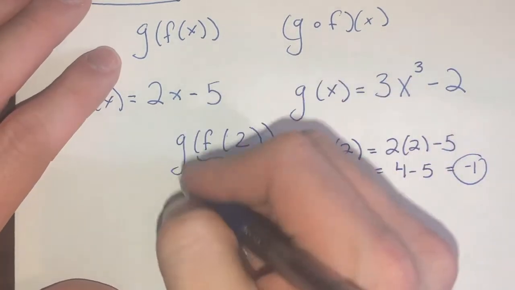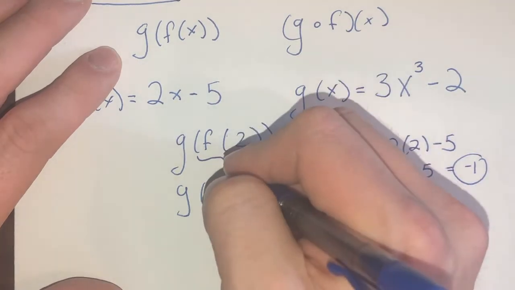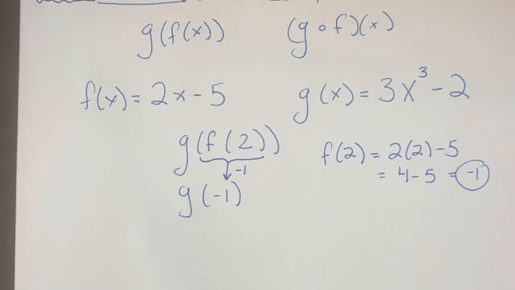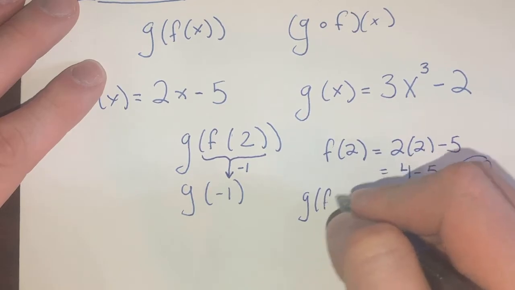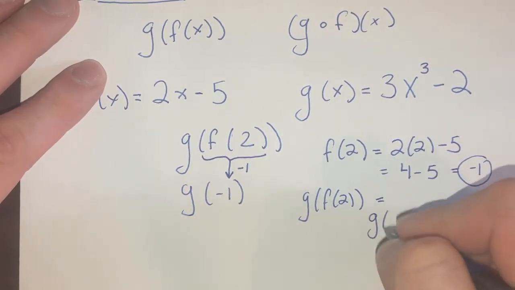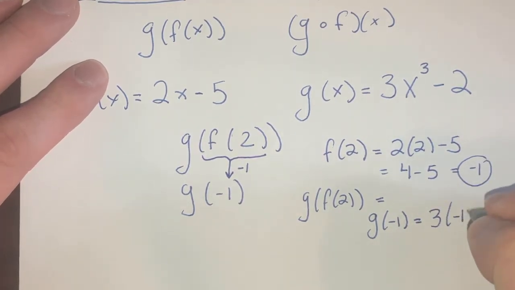Since f of 2 equals negative 1, I'm really asking you to plug negative 1 into g. So g of f of 2 is equal to g of negative 1, which is equal to 3 times negative 1 cubed minus 2.